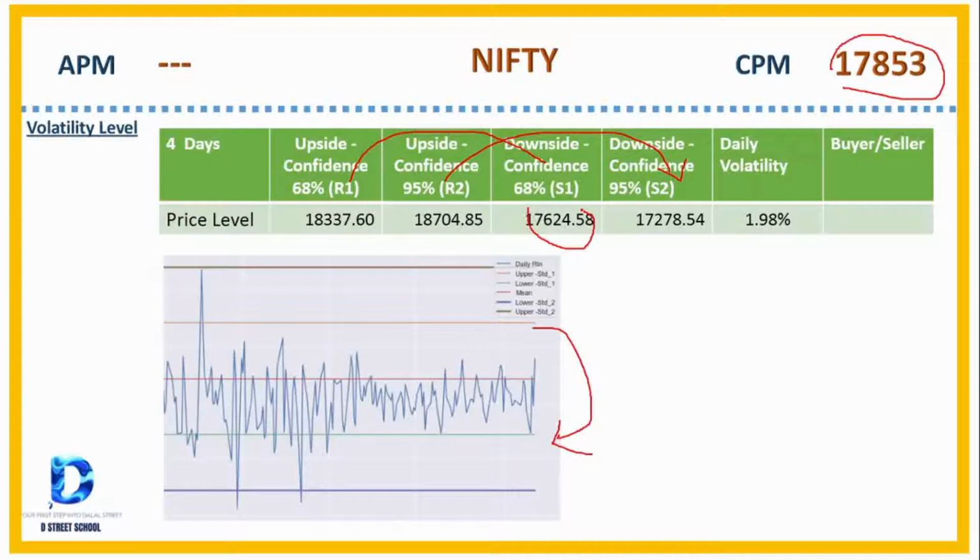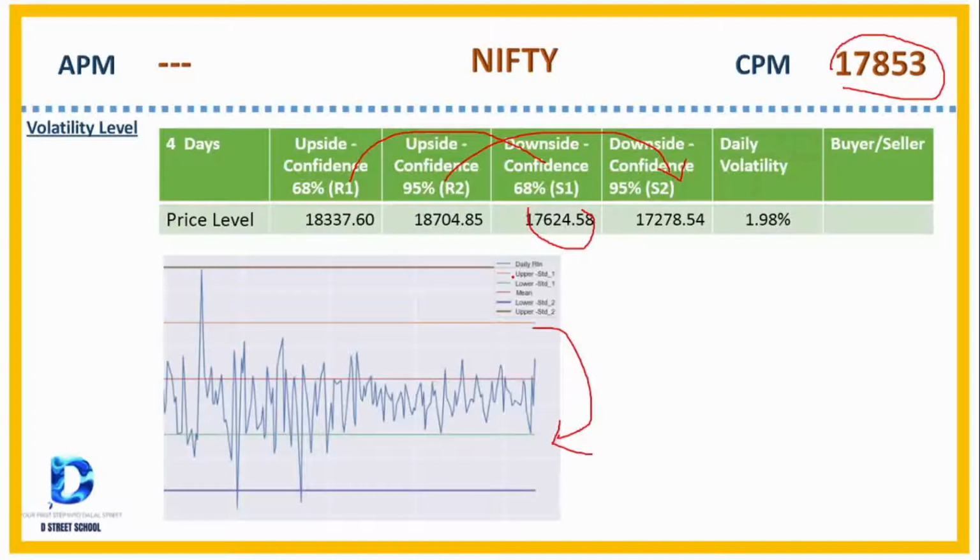If you do not want to take a chance, I would recommend you opt for standard deviation 2, which means 95% Nifty will trade within this range, like 17,278 to 18,704. There are very few chances Nifty might trade outside of the range.